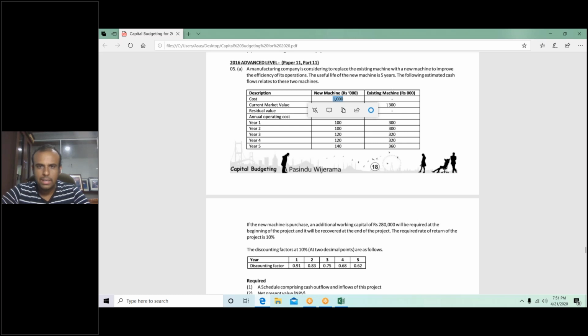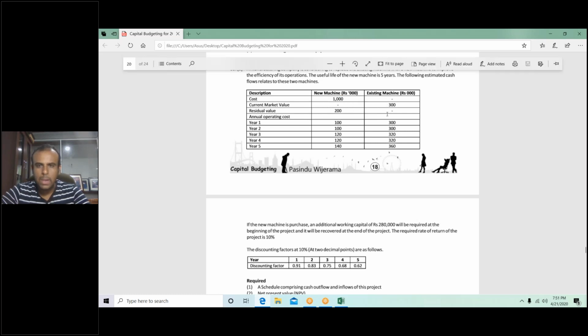It further says, if you are buying the new machine, you could sell the existing machine and generate 300,000 on the same day. Therefore, the current market value of the existing machine generates 300,000. Keep in mind, you can sell the existing machine only if you purchase the new machine. Therefore, that is a relevant cash flow of the new machine.